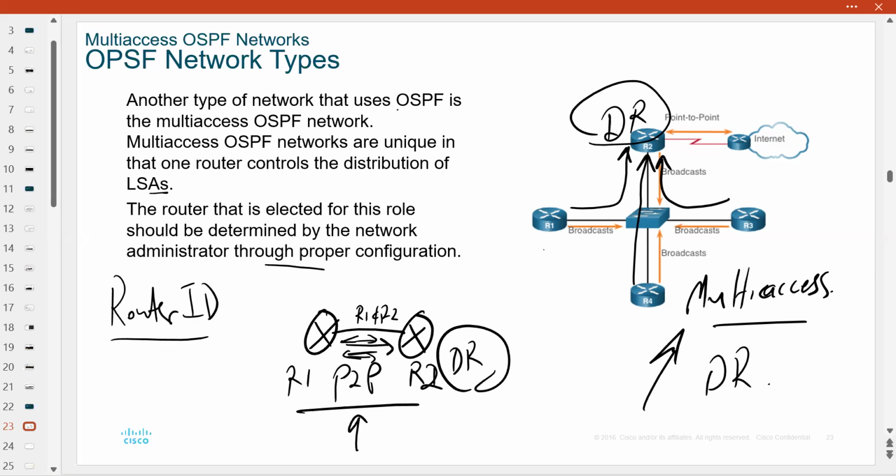The highest router ID becomes the designated router, and this router ID is manually configured. So when we talk of proper configuration, we're talking of the network administrator choosing wisely which router to give the highest router ID.